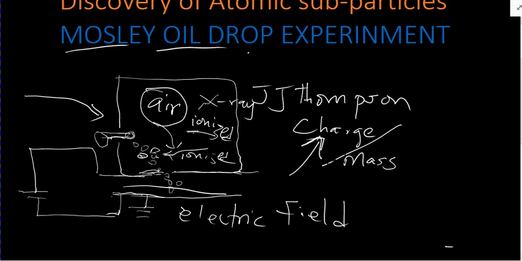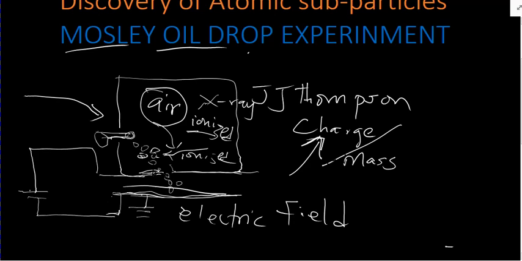What is the whole idea? Gravity will cause this oil, once it leaks through this hole, to fall. Without the electric field, the oil's normal direction of motion is to fall to the floor of the chamber.